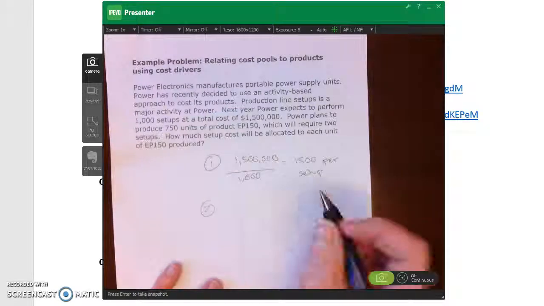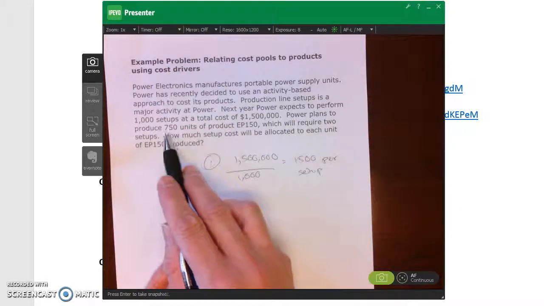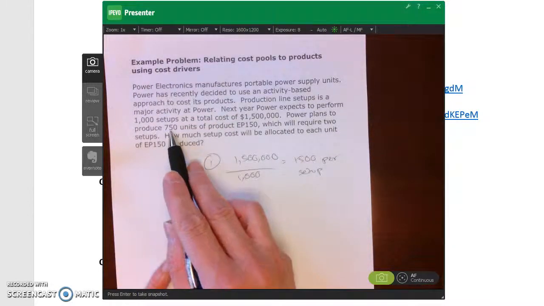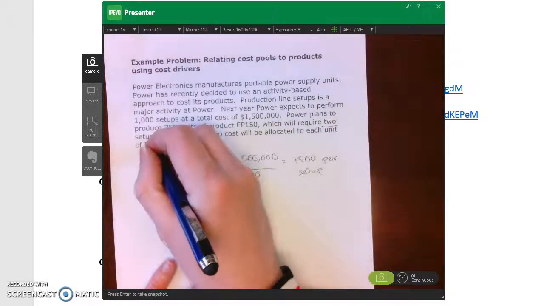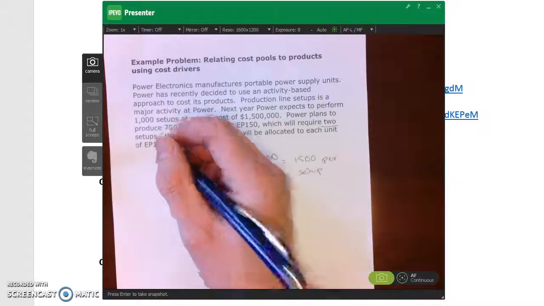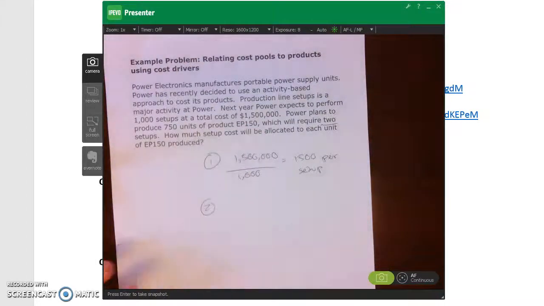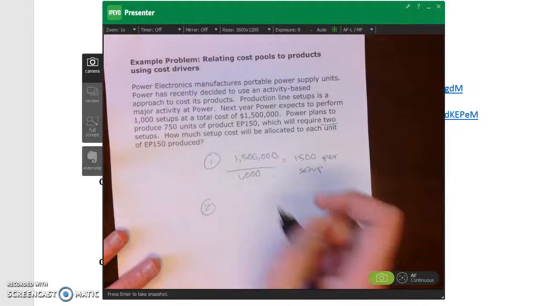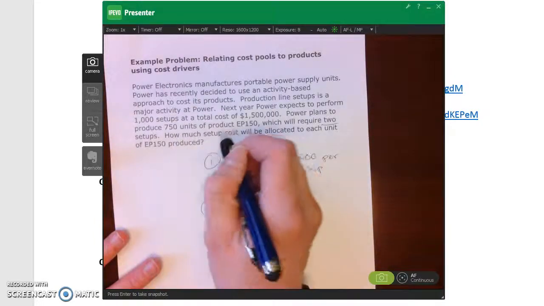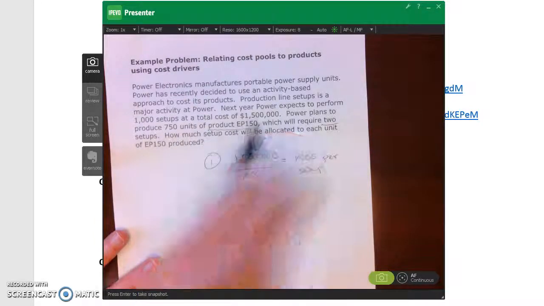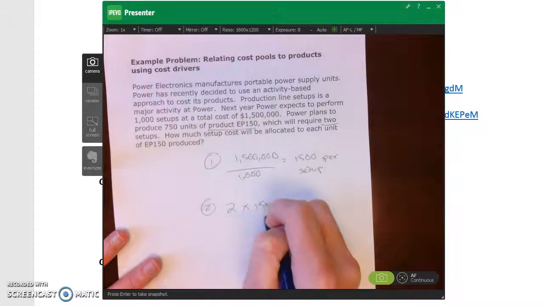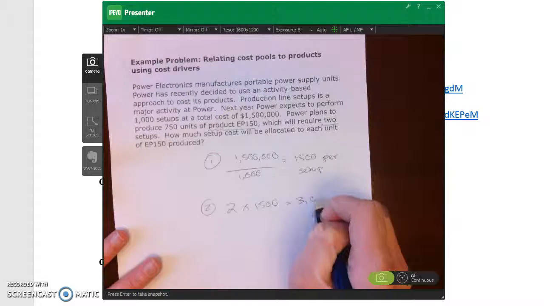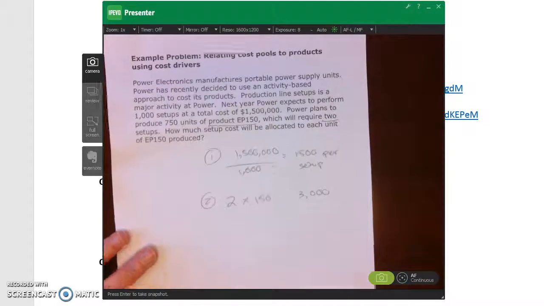And then we come over here, it says Power plans to make 750 units, which requires 2 setups. So this is done in batches, right? There's 2 setups to make 750 units. So what's the total setup cost that would be applied to product EP150? Well, 2 setups times the $1,500 gives us $3,000 of total setup cost.